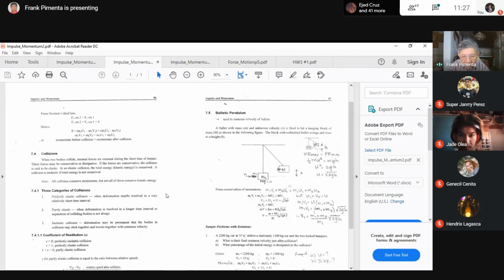It is at rest because it is just hung from the ceiling, so the velocity of this block is 0. So we have v sub 1 and m sub 1 for the bullet. For the hanging block, it is v sub 2 equals 0 and m sub 2.